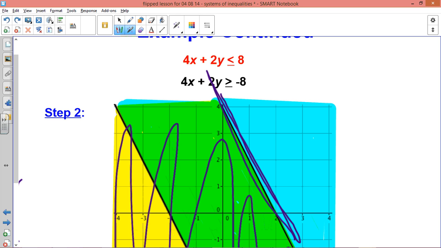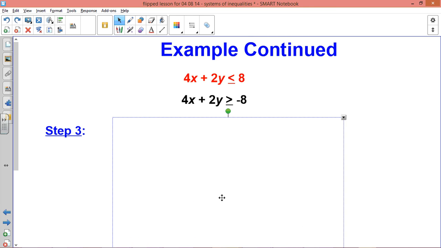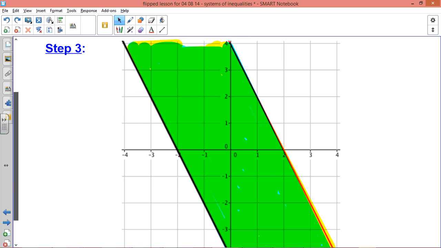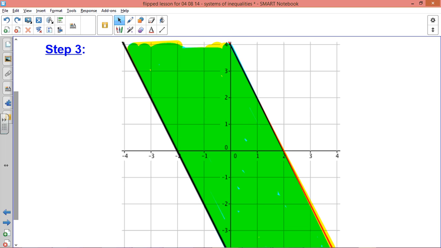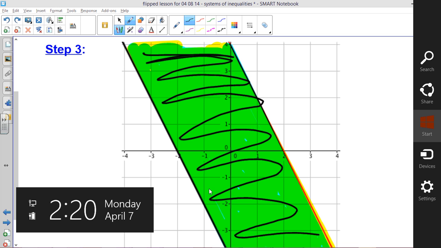And then we are going to erase everything that is not an overlap. So you should wind up with something like this for step 3. Everything that is an overlap is just this area in between the two lines. So that is your solution, anything that is in between those two lines.